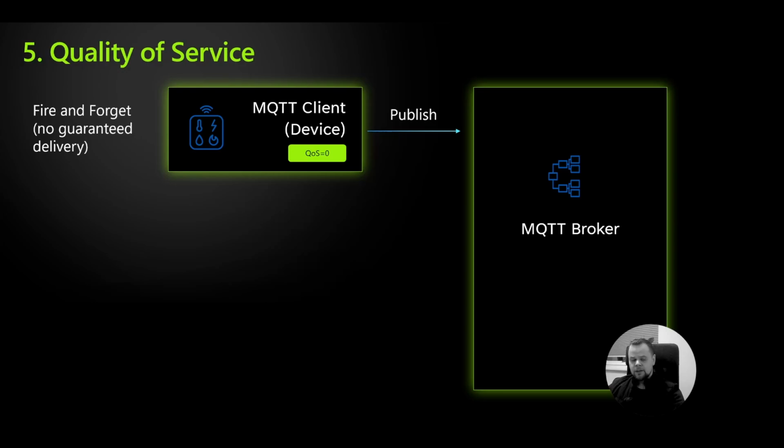The last one is a pretty easy one, but I don't think you can work around it, and you have to know about quality of service in MQTT for exactly one reason: the previous features require quality of service 1. But let's start from the beginning. Quality of service 0 is basically the way, or quality of service in general, right?